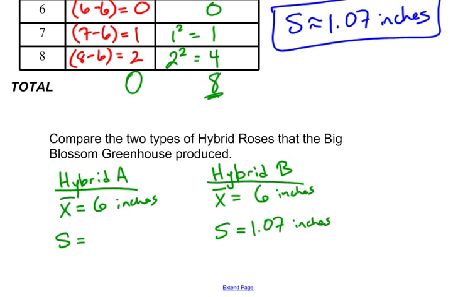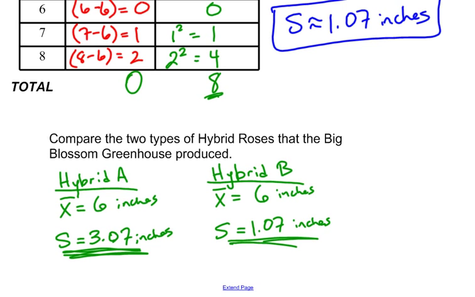And we could see that hybrid A had a standard deviation of, what was it, 3.01? Am I correct on that? No, it was 3.07. Sorry about that. 3.07 inches. So we see that this one has a lot more variability than this one.